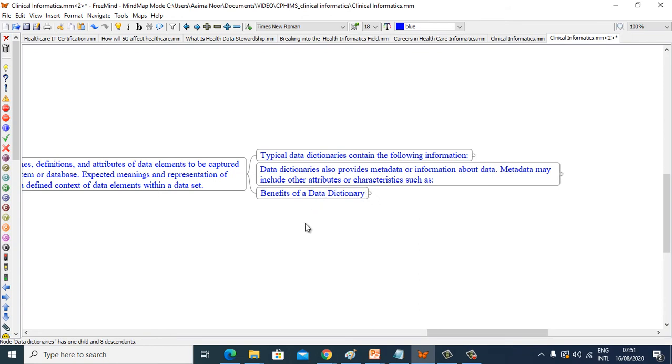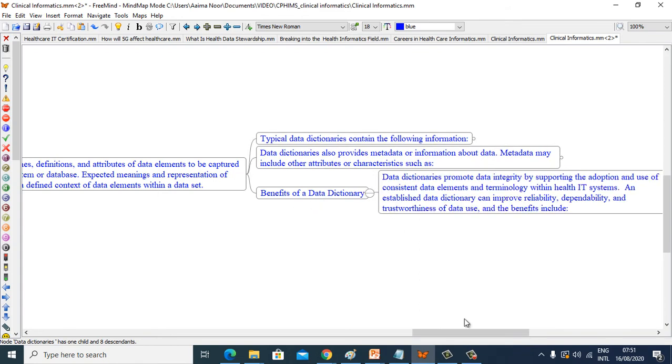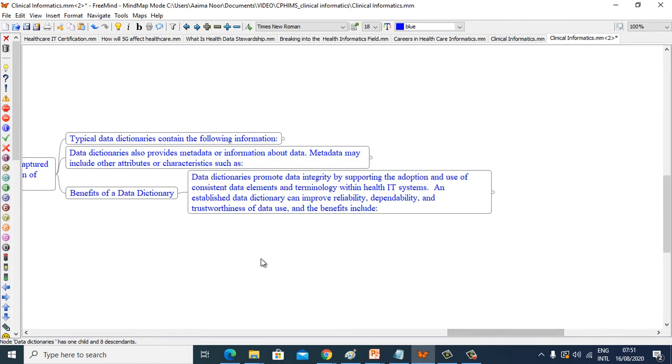Now see the benefits of a data dictionary. A data dictionary promotes data integrity by supporting the adoption and use of consistent data elements and terminology within health IT systems.